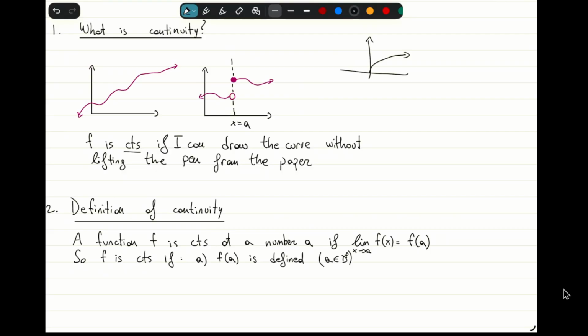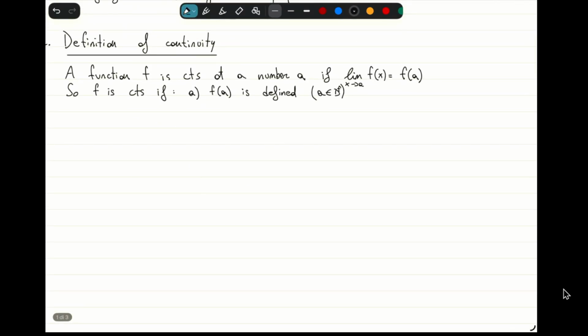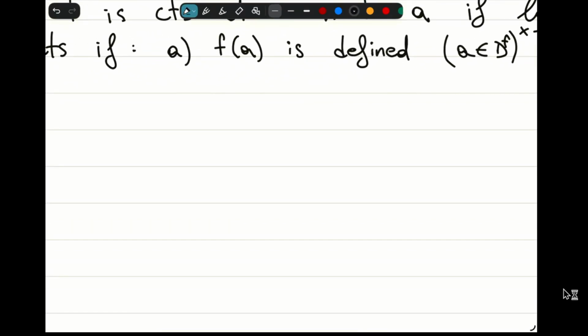Here we know square root x is not defined for x smaller than 0, or actually, it's only defined for x greater than 0. So if we took some value x equal a and that value was a negative number, then there is no function there. So there's not even a point defining continuity. So f of a is defined.